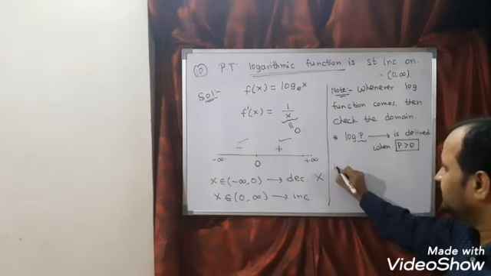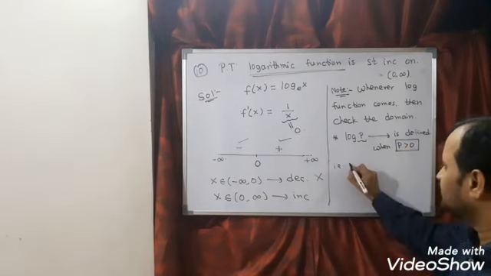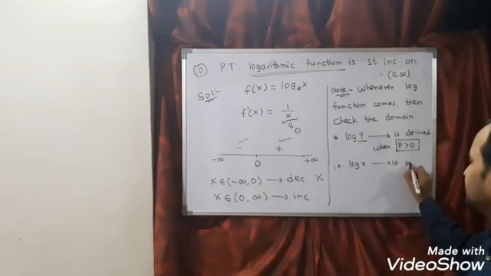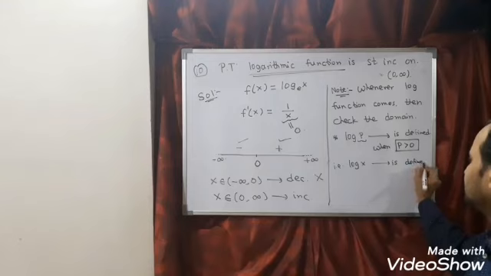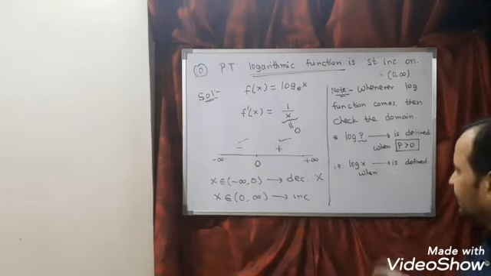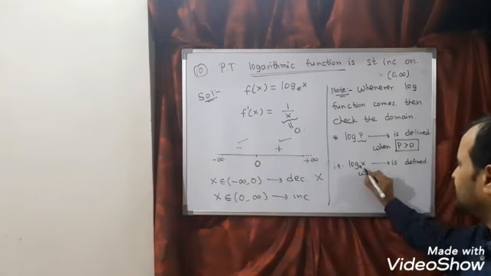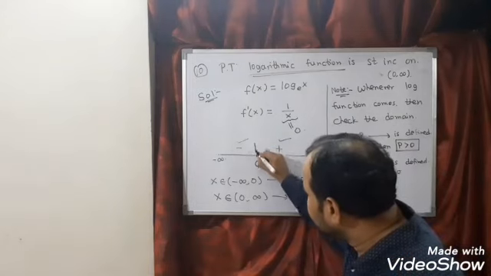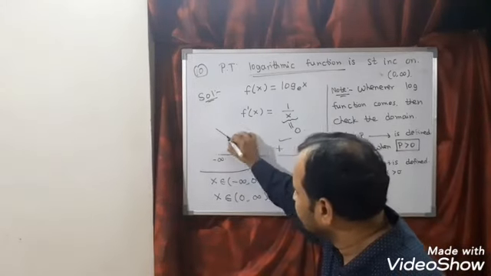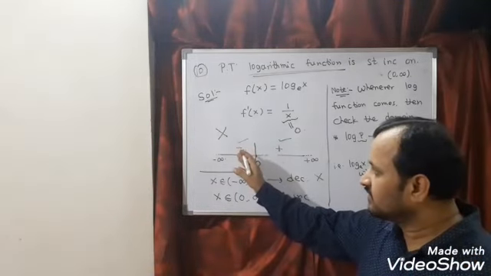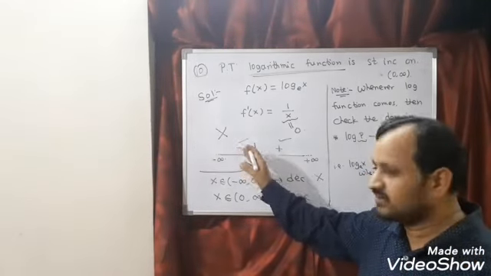So tell me, in this question I think log x came. So log x is defined when, so what is p here? x. So log x is defined when x is positive. Meaning, in this interval, the function is not defined. So we don't have to discuss whether the function is increasing or decreasing.